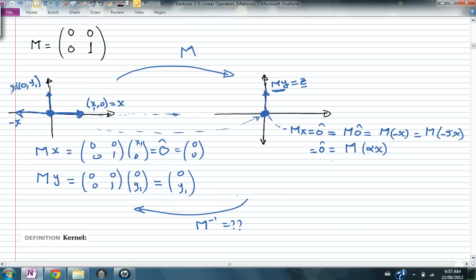Which tells me that I'm not able to go back from that 0 vector, which means m inverse cannot be defined.